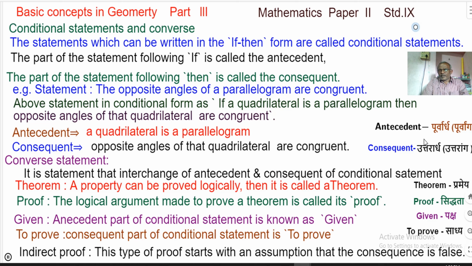Antecedent means पूर्वार्ध, पूर्वांग. Consequent, उत्तरार्ध, उत्तरांग. Theorem, प्रमेय. Proof, सिद्धता. Given, पक्ष.